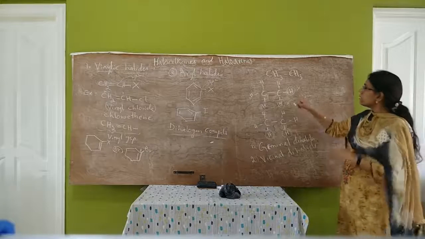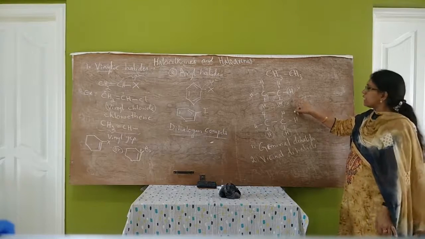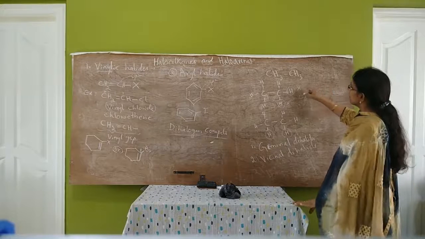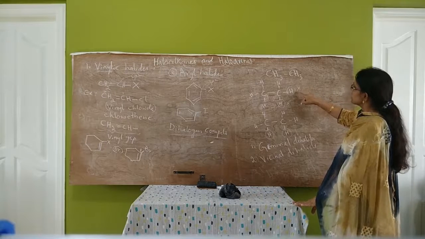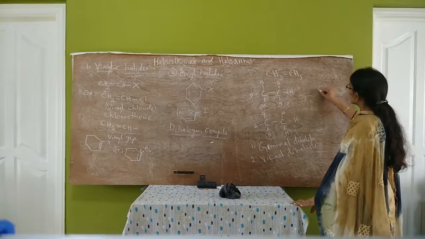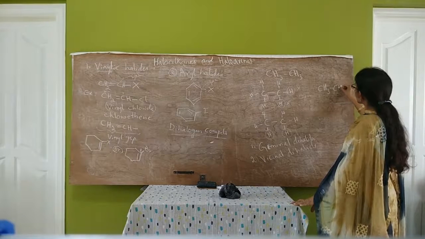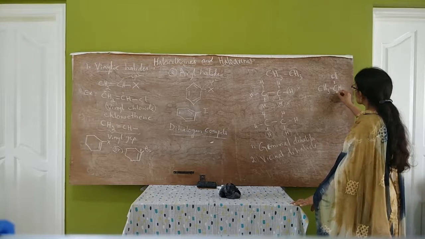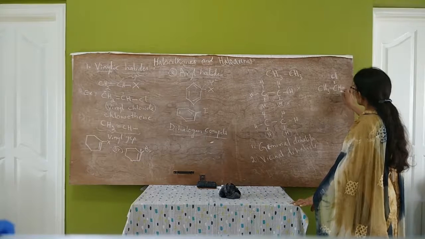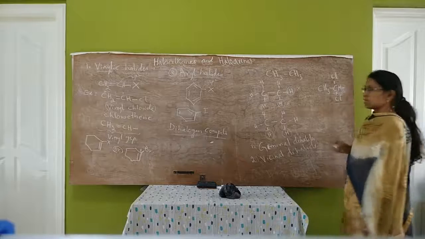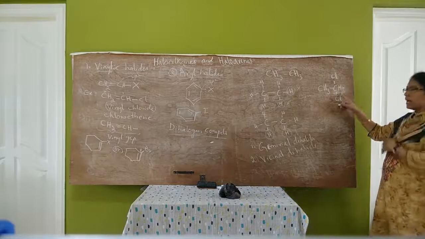You can remember here, this is a geminal dihalide. For example, if we consider this as Cl, we get CH3-CHCl2. This is a geminal dihalide.